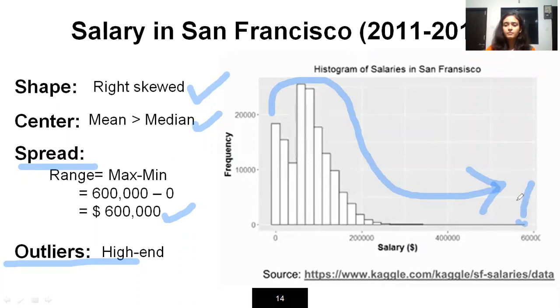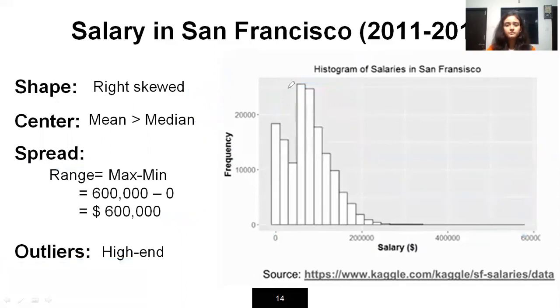Then this will be my outlier, because there are very few people with a salary of $600,000. So we say that outliers are present at the high end. Always my left-hand side will be the low end and my right-hand side will be the high end on the x-axis of the histogram.